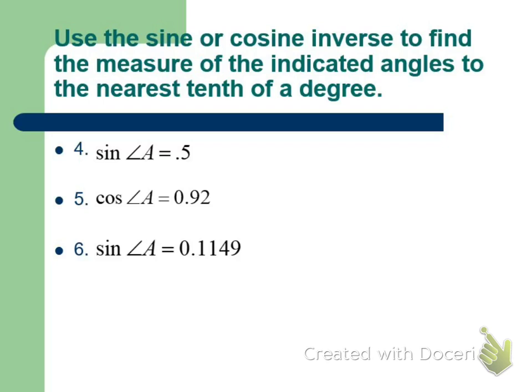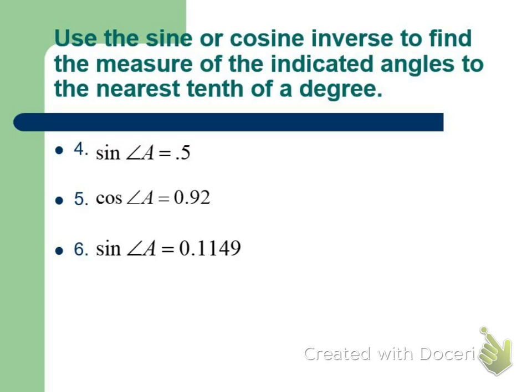Technically, if they give you these decimals and it matches one of the decimals on your trig ratios sheet, you can work backwards from that. So if any sine has a value of 0.5 on that sheet, just go backwards and figure out what the angle for it is. If you don't understand how to do that, or you don't have your trig ratios sheet, you can use your calculator, because whenever we look for an angle, what do we use?